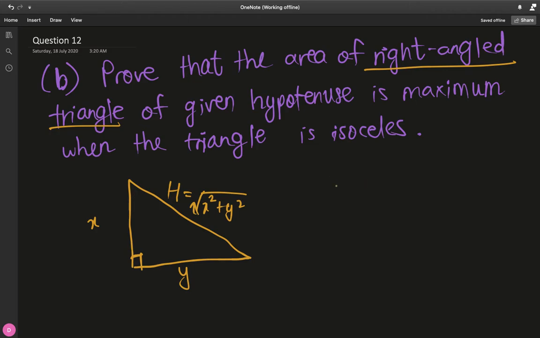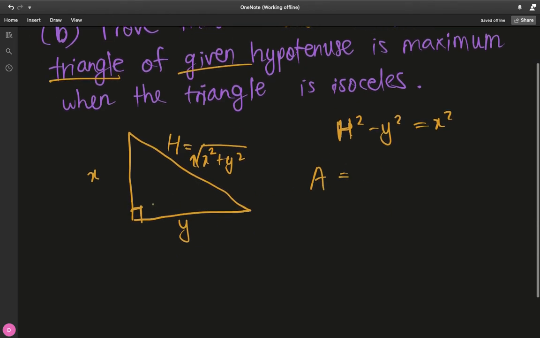So we basically have h squared minus y squared being equal to x squared, right? And hypotenuse is a constant, given hypotenuse. And so we need to maximize the area. So we need to define an area function, a function we need to maximize. What's the area of this?